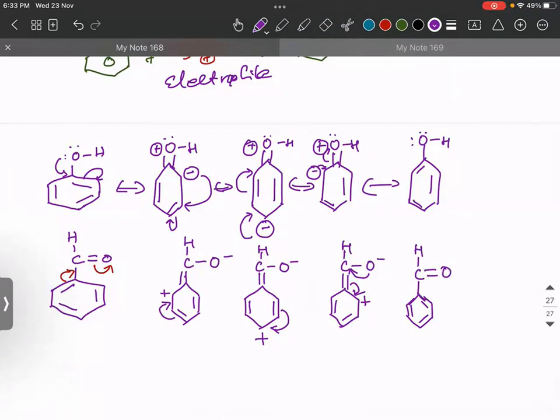Look at this, we have only one here now. When minus is coming, that can be put here, and the electron is released. Got it? Okay.